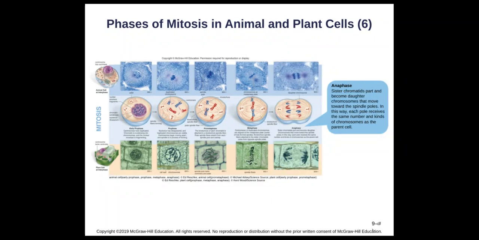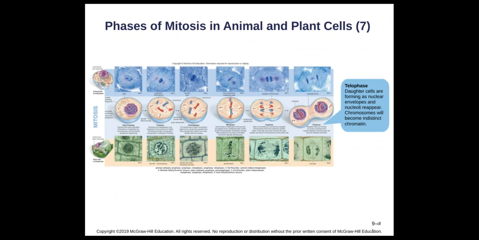In anaphase, the sister chromatids are pulled apart and become chromosomes again. And then in telophase, the daughter cells are forming new nuclear envelopes, nucleoluses, and the chromosomes will start to relax into chromatin.